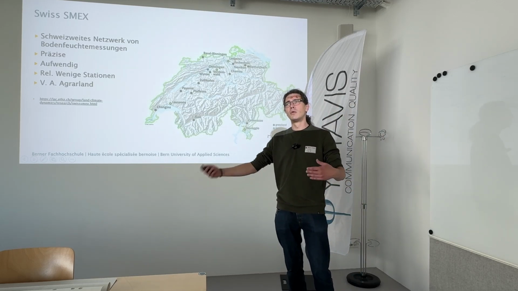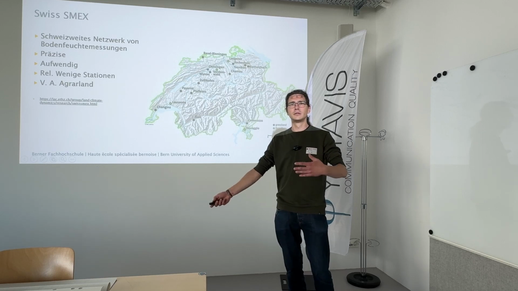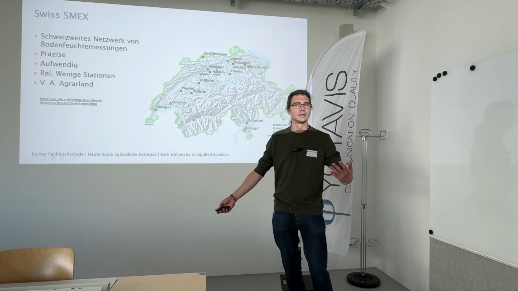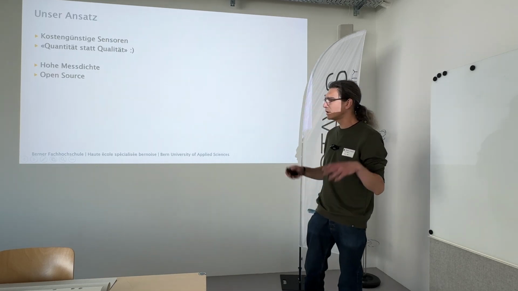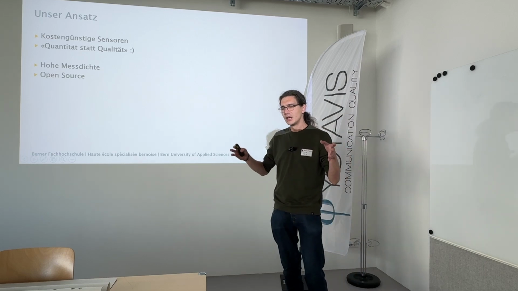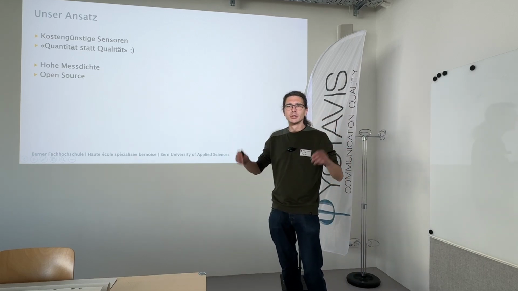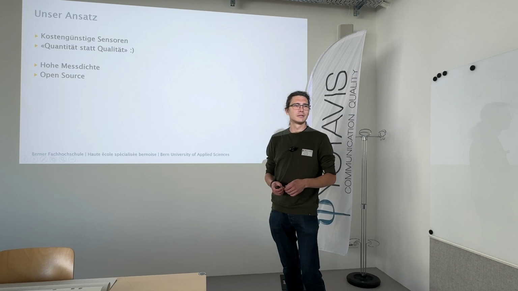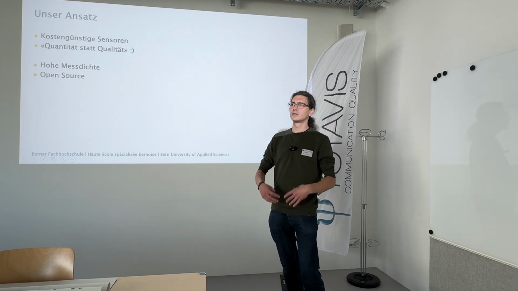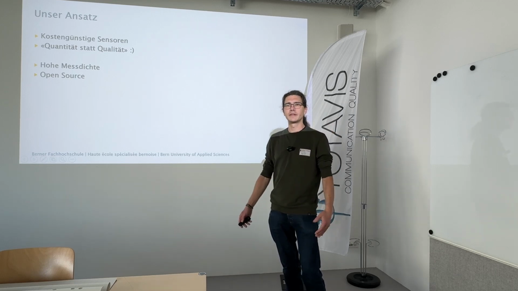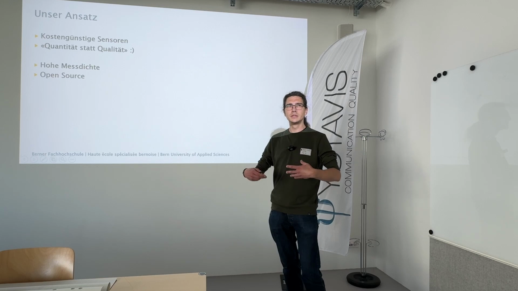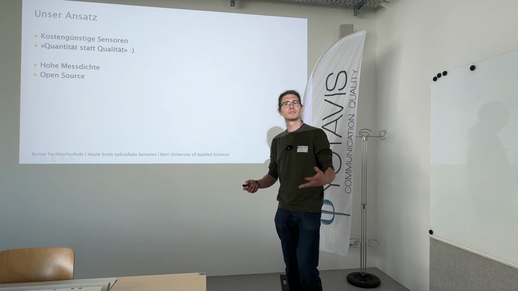We do a lot more soil science in agriculture because there is simply more money behind it typically. So in our project, we set out to do something different. Again, bluntly put, we put quantity over quality. So we wanted to have small sensors that are easy to deploy, that are cheap, and that we can really deploy in a bunch of places.